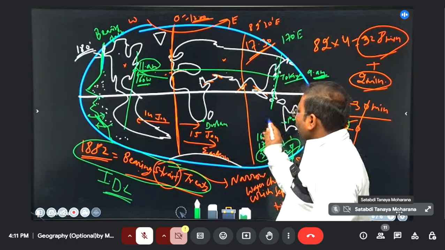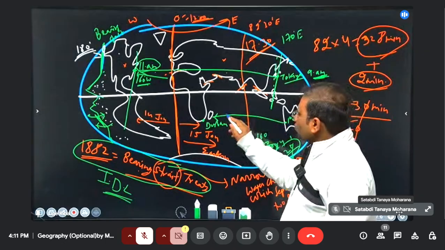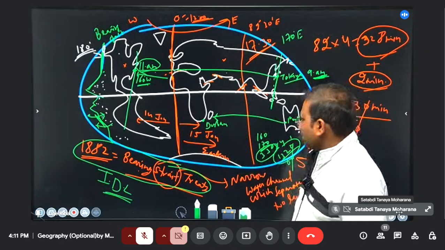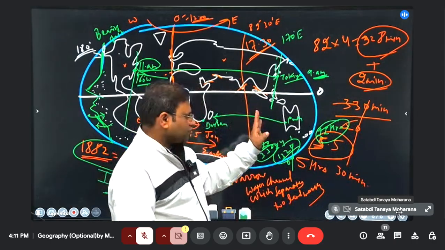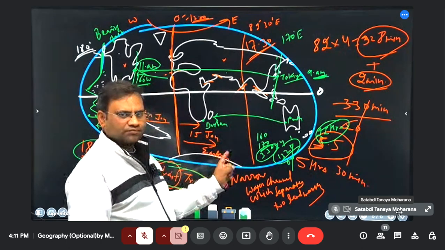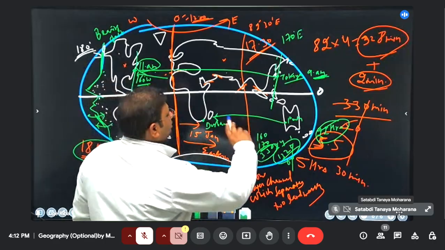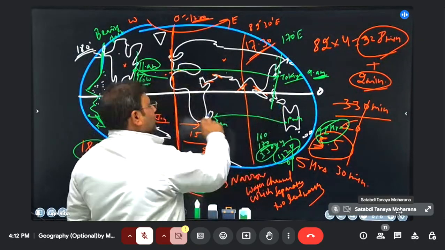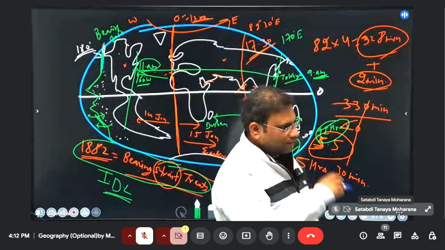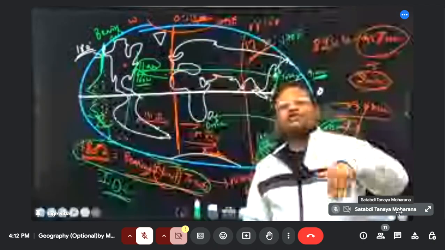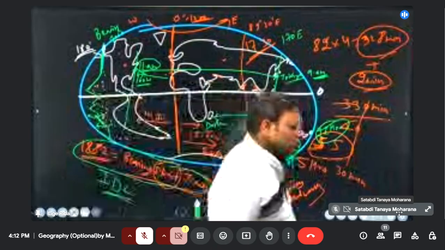A ship is moving from Perth to Durban, from Perth in Australia to Durban, in the east to west direction. It is going directly east to west, not circumnavigating, with the same speed as that of the rotation of Earth. So it moves at the speed of the Earth's rotation.